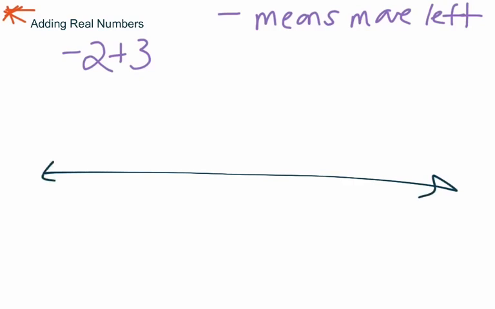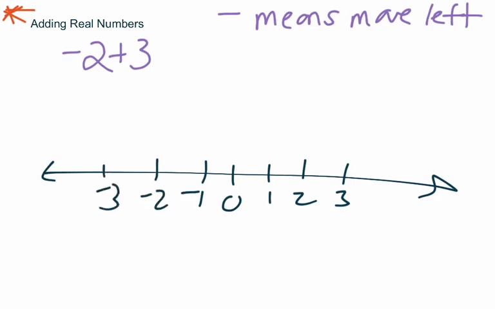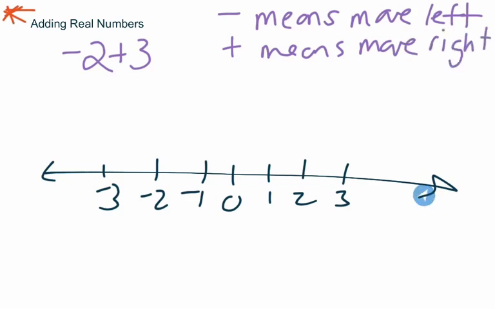So I've got my number line here, and you have the positive direction, and then you have your negative direction. So when you have a negative, you're going to be moving in this direction. Even if you're starting here, it tells you which direction you're going. And then a positive means move right. So we would move in the positive direction.